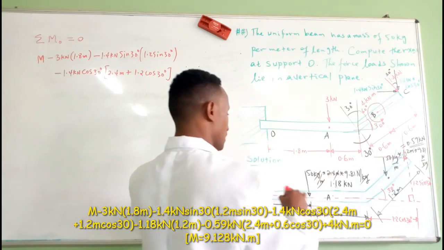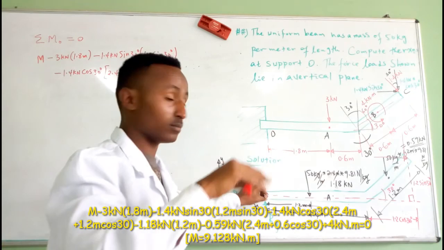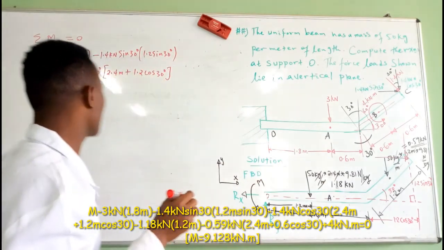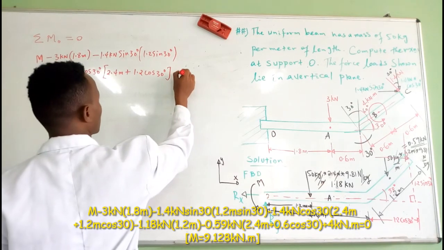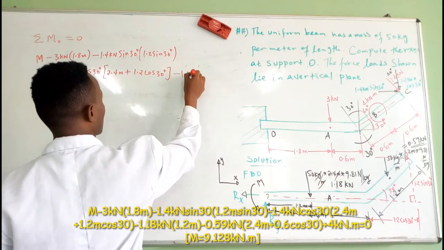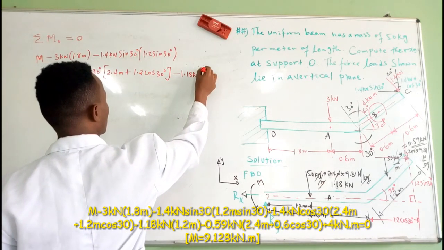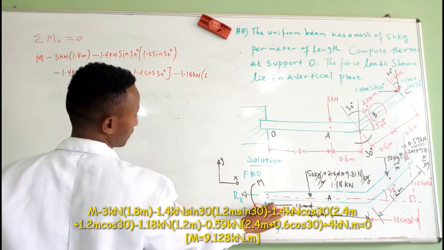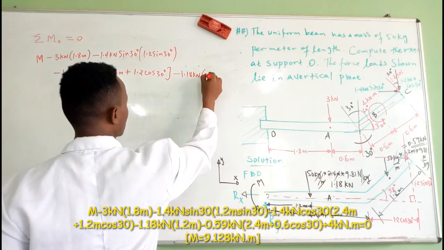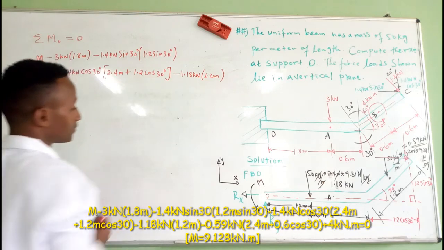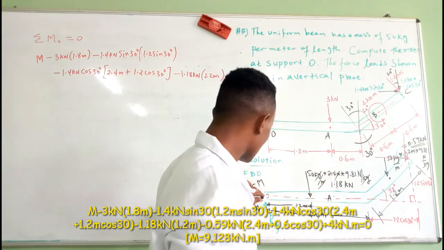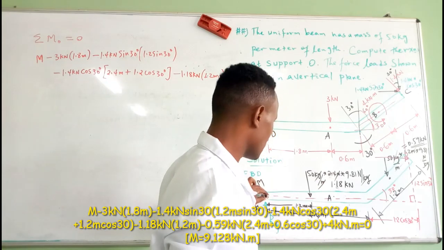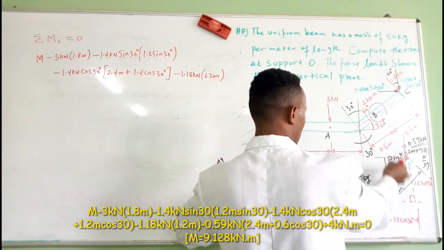We can get the counterclockwise moment, so we put a negative sign here: negative 1.18 kilonewton multiplied by 1.2 meter, and the other one becomes this force, this load.